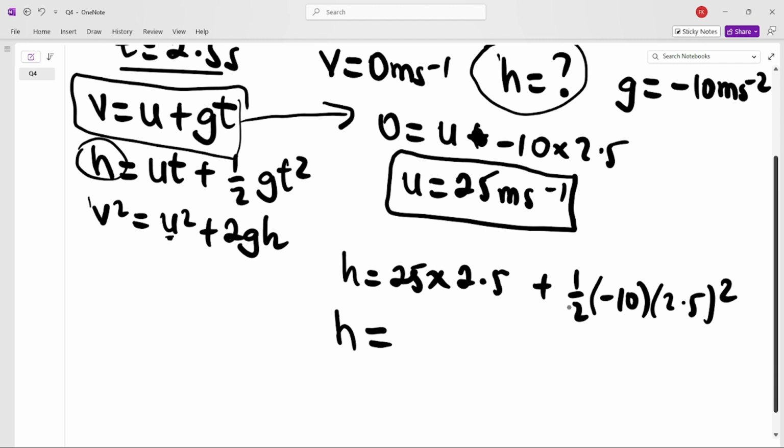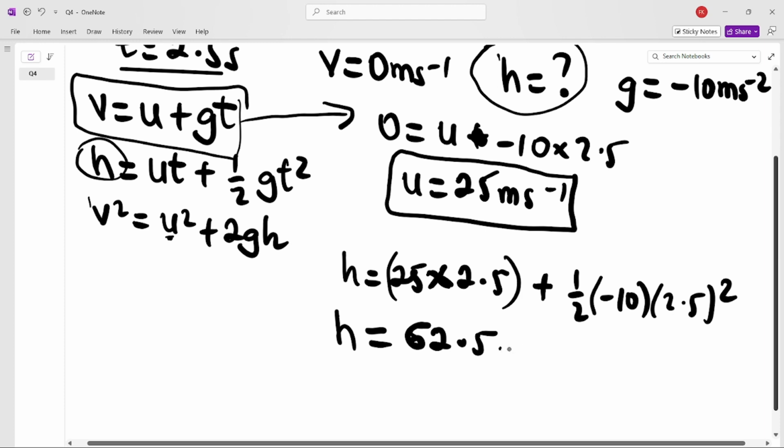So we are going to have 25 times 2.5, which is 62.5. Then minus half of 10 times 2.5 squared, which is 31.25.